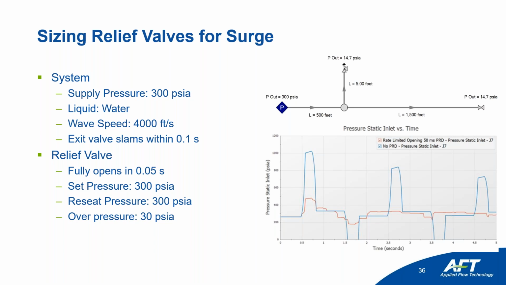We changed the set pressure and the reseat pressure to be the same, so that once it sees that surge wave coming by, it's able to crack open immediately. And as you can see, for the case of not having a pressure relief device versus having this rate-limited opening 50 millisecond PRD, it's actually able to mitigate surge.